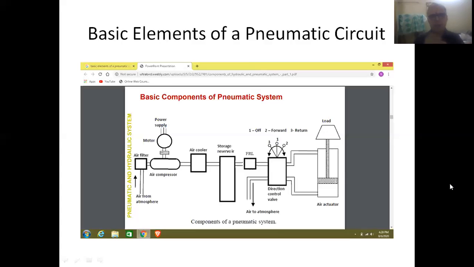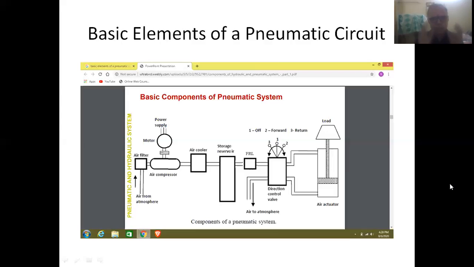And finally, we can see a valve placed in this position. This is used for controlling the direction of air that is entering the cylinder, and also for controlling the direction of fluid that is leaving the cylinder.